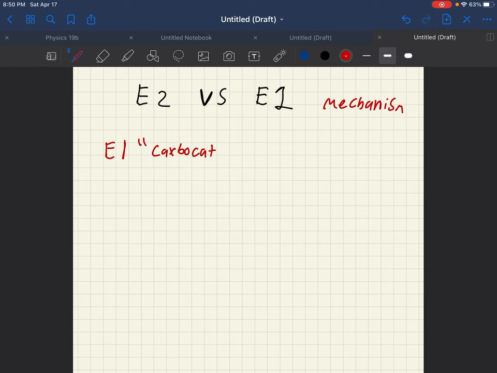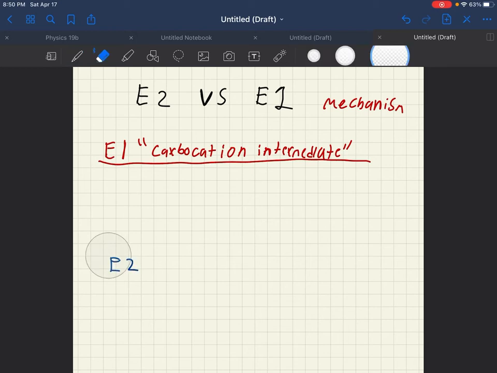They happen unimolecularly, they're not bimolecular. E2, I drew that bad. E2, no intermediate because they are bimolecular.